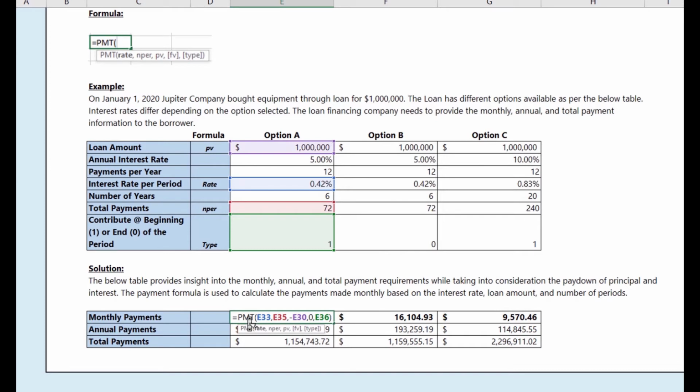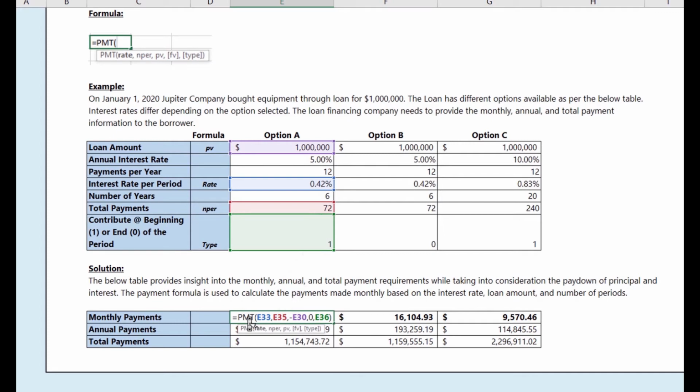And then we put in the number of periods, which is 72 periods, because there are 12 payments per year, i.e. one per month, and the loan is going to be for 6 years. Therefore, there are a total of 6 times 12, which is equal to 72 total payment periods.